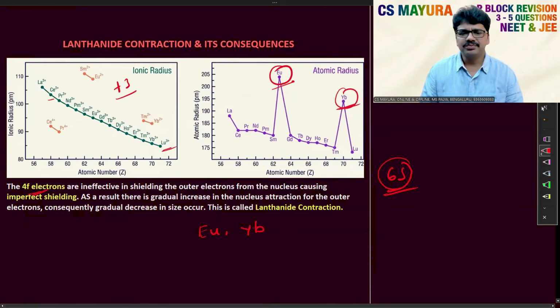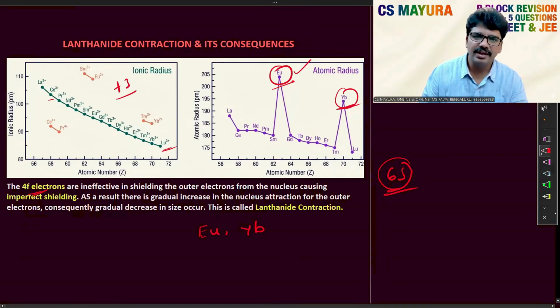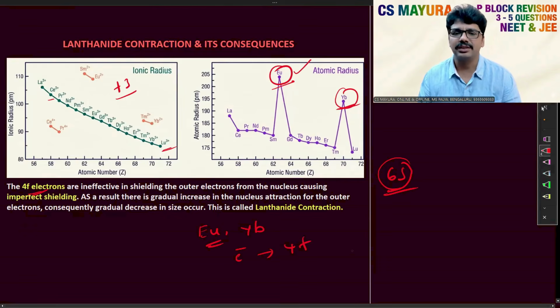The first point is, among all lanthanides, which has the highest atomic radius? Europium. The highest atomic radius is europium. So why does europium have a higher atomic radius? Why is there no decrease in atomic radius? In europium, the differentiating electron is going to the 4f subshell, so it gets the 4f7 configuration, a half-filled configuration.